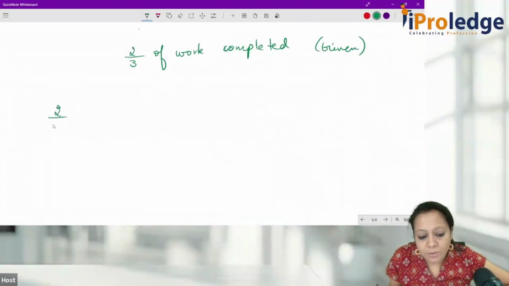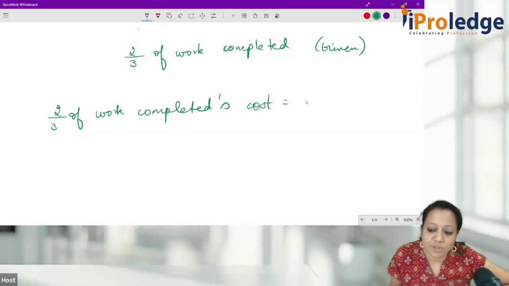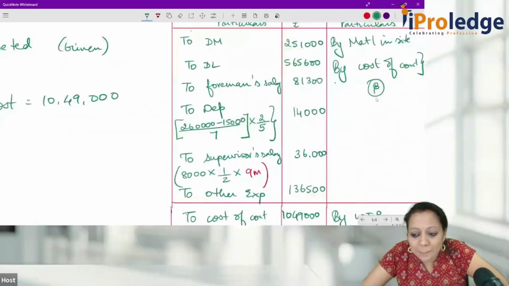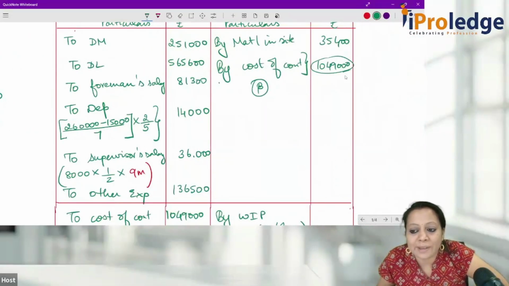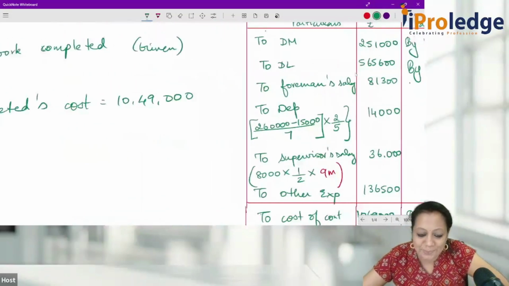Can I say two-thirds of work completed cost is going to be 10,49,000? Amazing. We got here, no? How much did we complete? 10,49,000. They are saying it is equal to two-thirds. Right.